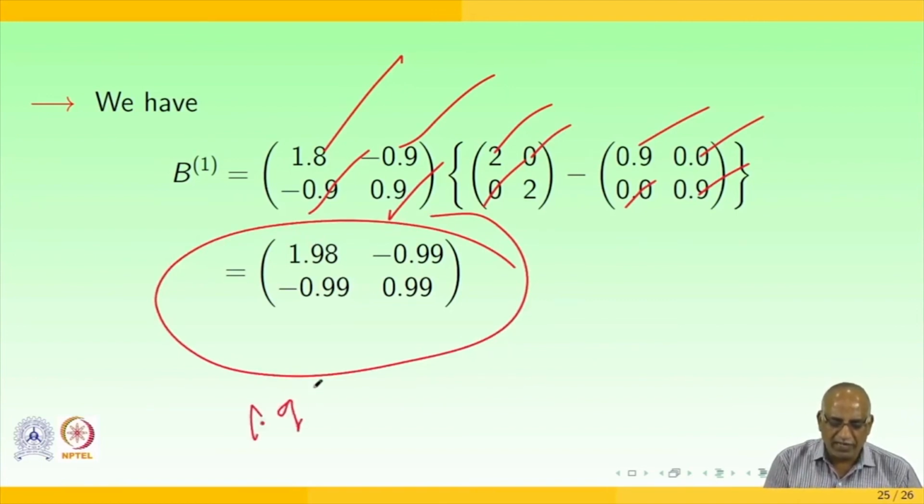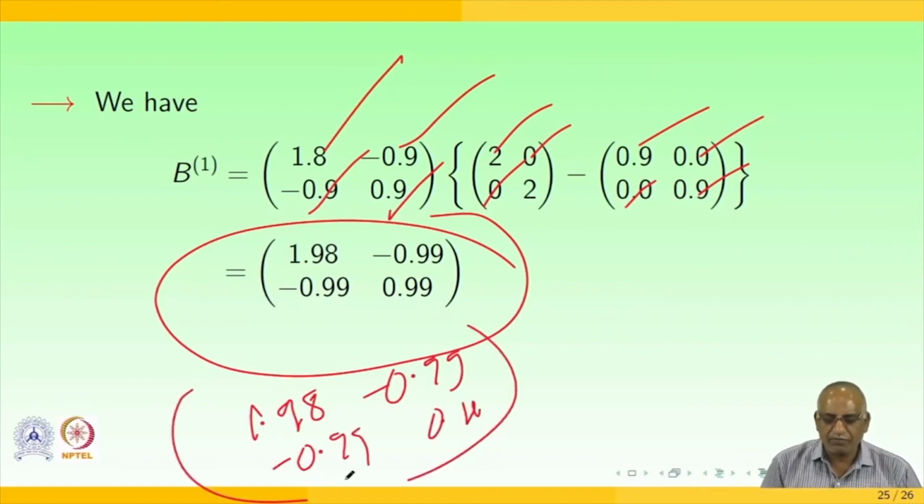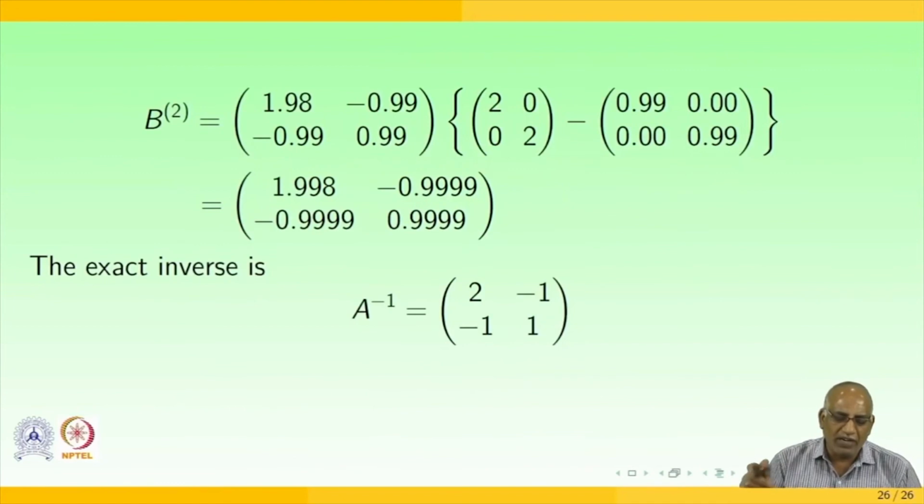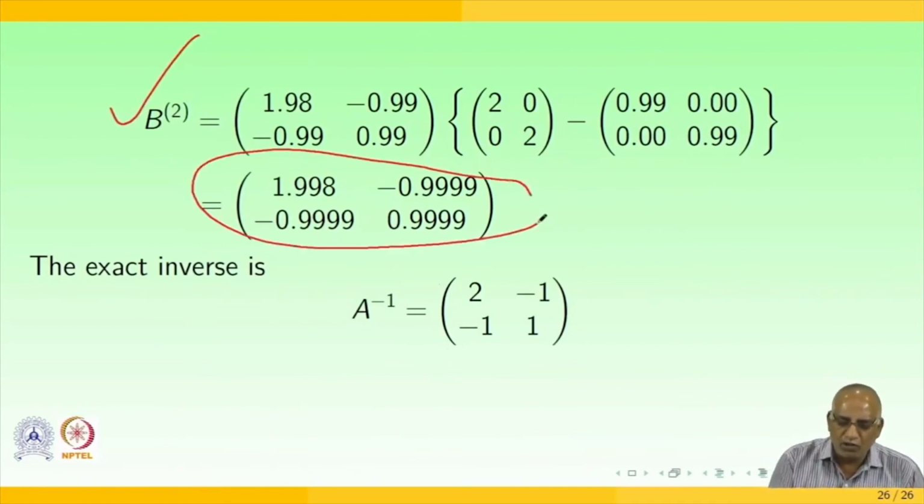That is 1.98, minus 0.99, minus 0.99, 0.99. Similarly, the second iteration B of 2 will become like this, so you get the approximation like this.